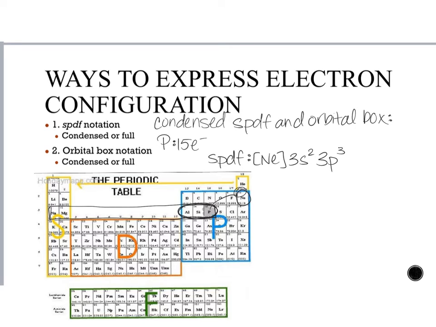So that would be my condensed notation. Let's do the same for orbital box. You would still put neon, and then you would draw your boxes. 3s, 3p. I fill the 3s sublevel, and then I singly fill the 3p sublevel.